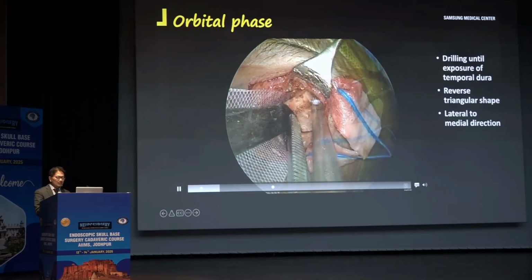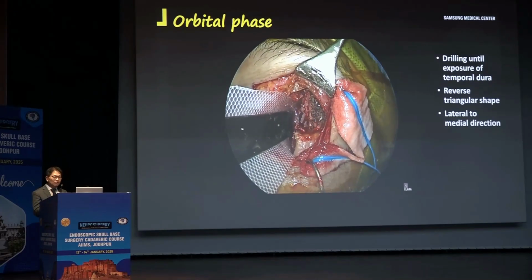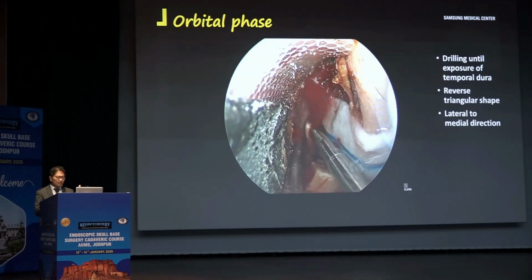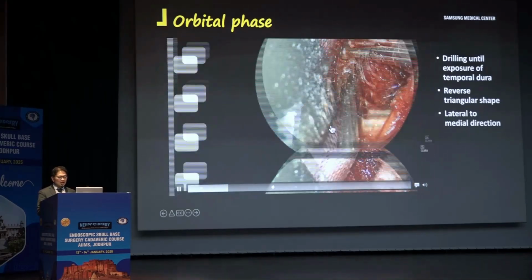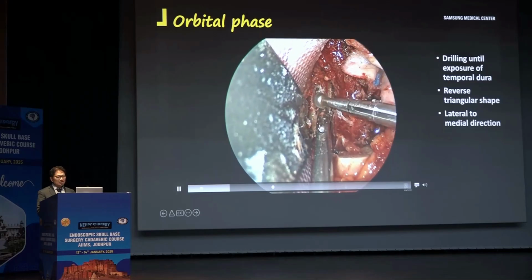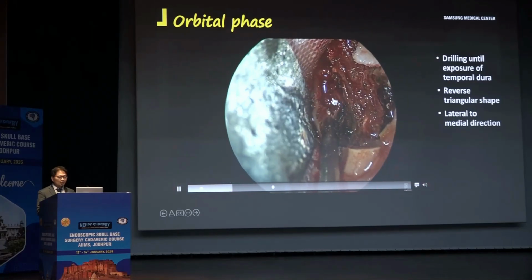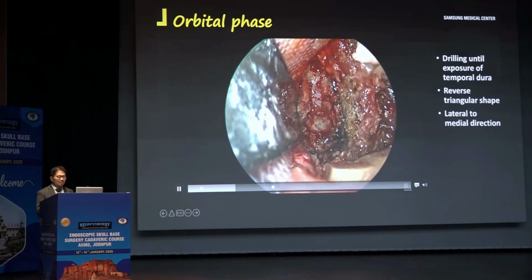And we take out the lateral orbital rim. A very small piece of the lateral orbital rim is okay. Sometimes we need to extend the extent of the orbital rim and expose the lateral temporalis muscle. And you see that this is the surface of the greater sphenoidal wing, and we drill it out until the temporal dura is exposed. It is very simple.